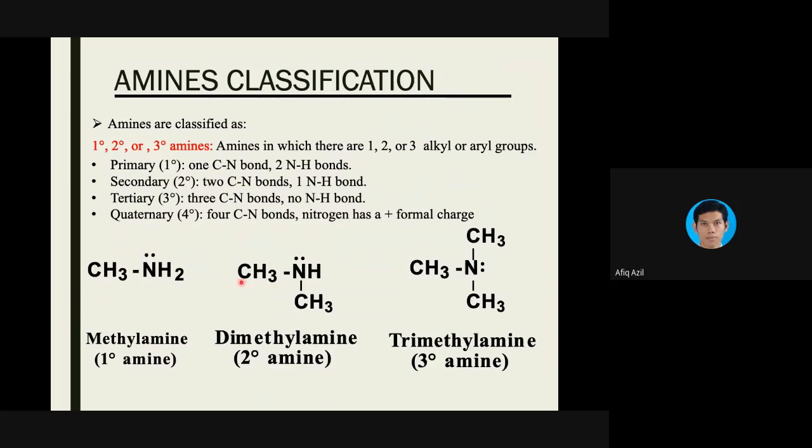This can be any alkyl or aryl group. The simplest is CH3, but it can be a longer carbon chain. And then tertiary: all of the nitrogen's bonds are to carbon, 3 CN bonds, in which case it is considered a tertiary amine.